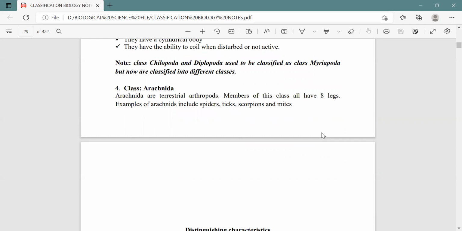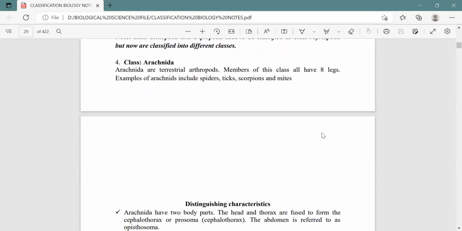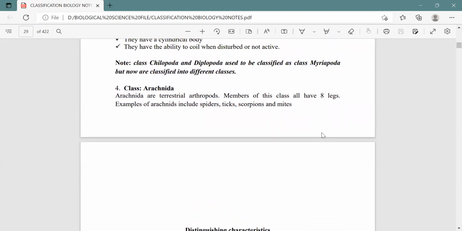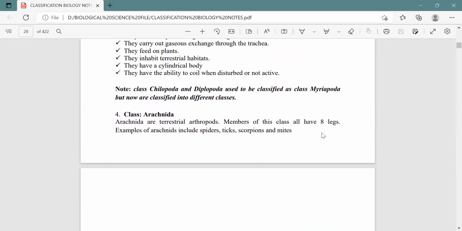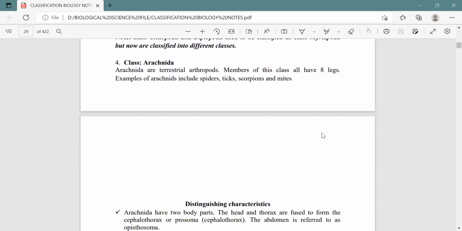I don't know the local name, but in your own languages, the spiders, ticks, mites, you know them. And these are the arachnids. But what you should remember is that the arachnids have a similarity with the crustaceans.